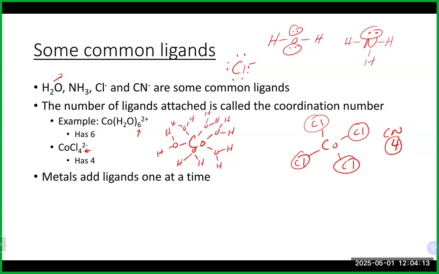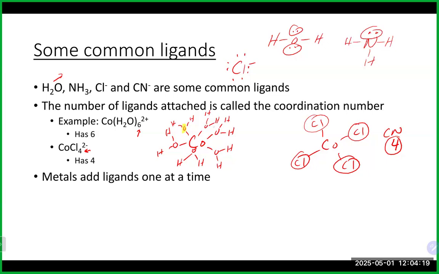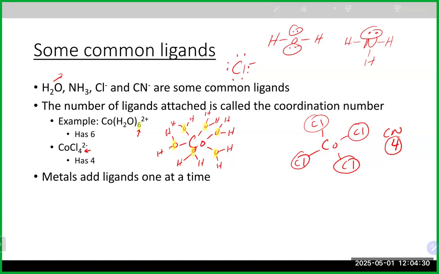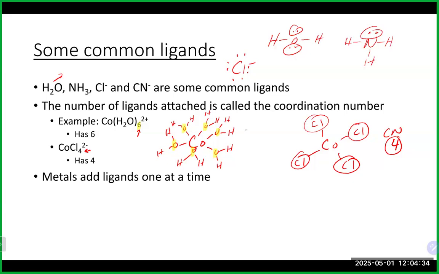And if we count up how many atoms, which are really the oxygens in this case, are directly attached to that metal: 1, 2, 3, 4, 5, and 6 oxygens from each of those waters. And again, that would be the coordination number here. But it is not always that number that you see. It is in the case of something like water, chloride, and ammonia.